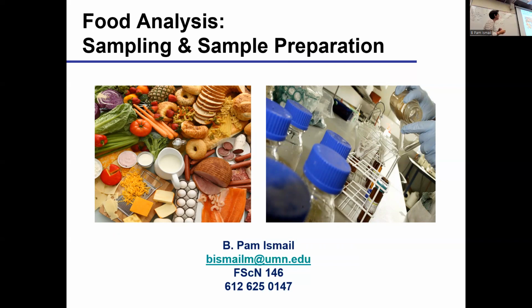So you really need to understand how you gather a sample from a particular lot. How do you prepare it for analysis so that you can make an accurate decision? So this is really a very fundamental component or understanding of food analysis. It might not be as exciting of a topic, but it's a very important topic.